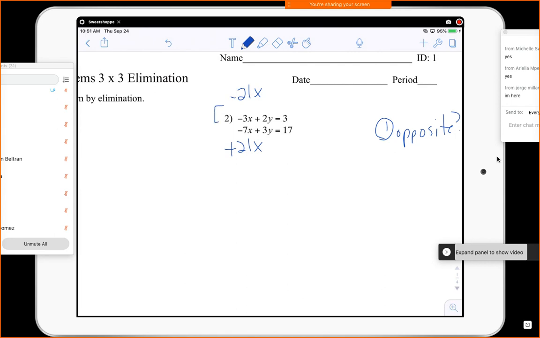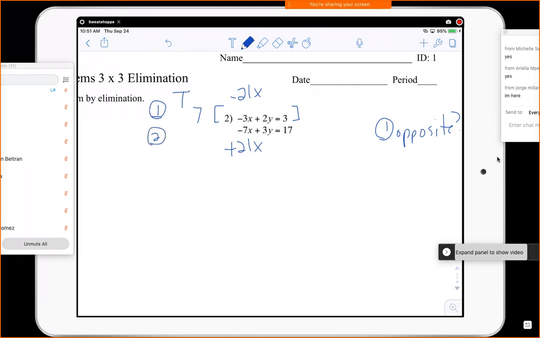All right, so the top one, I need to tweak the top line. In order for that to be negative 21, I need to multiply by 7. So I'm taking equation 1, and I'm tweaking it by positive 7. And when everything catches up, I'm going to tweak equation 2 by a negative 3.